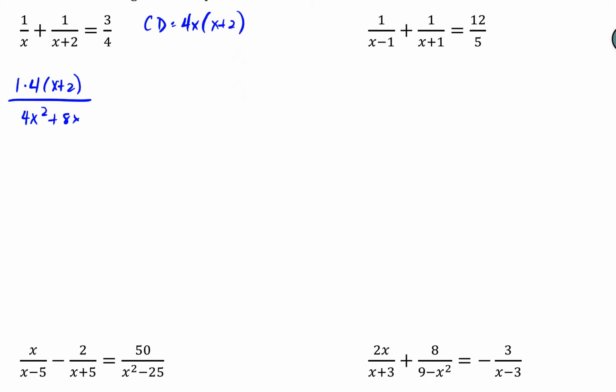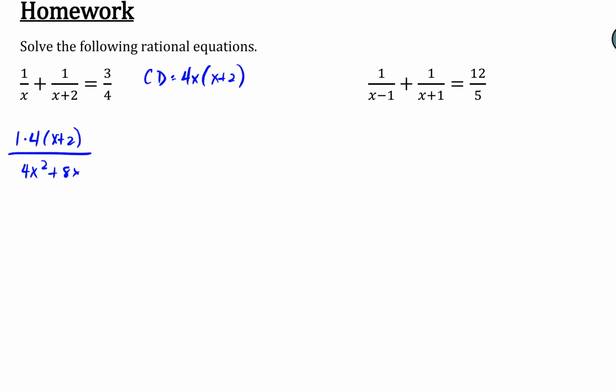I'm just going to do the quick multiplication here to make it easier for me to write. Plus, the second fraction is missing the 4 and the x, so I'd have 1 times 4x all over 4x squared plus 8x. The last fraction is missing the x and the x plus 2, so I'd multiply 3 times x plus 2, and I have this 4x squared plus 8x on the bottom.